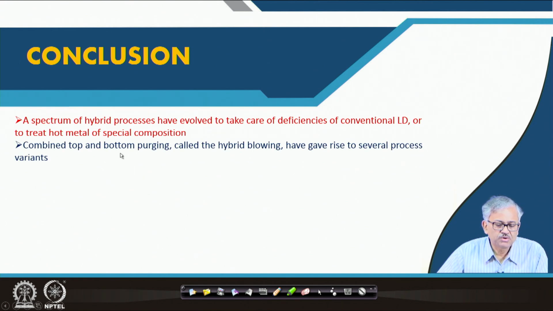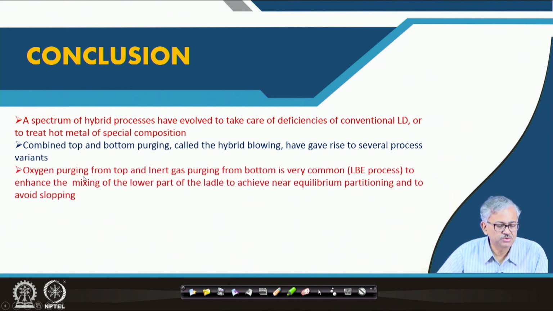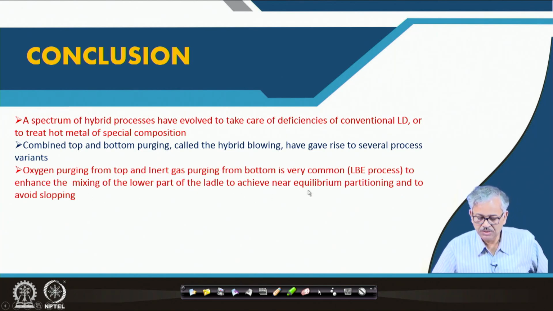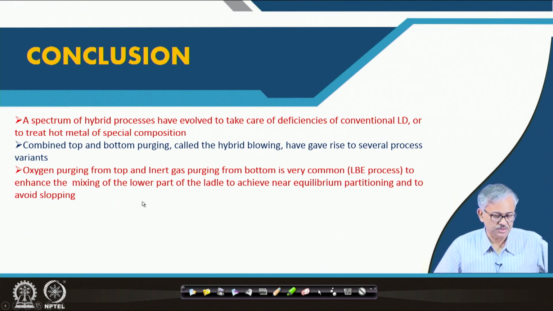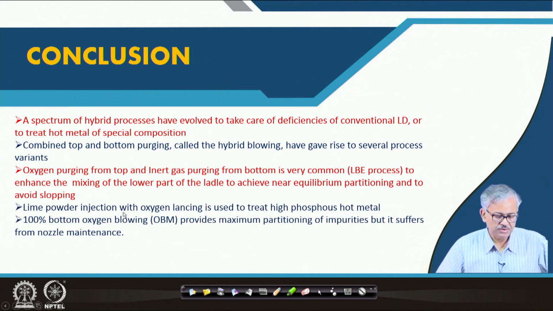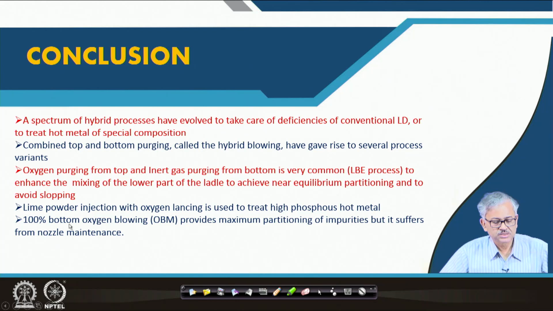Combined top and bottom purging, called hybrid blowing, has given rise to several process variants. Oxygen purging from the top and inert gas purging from the bottom is very common, called the LB process, to enhance mixing of the lower part of the vessel, achieve near equilibrium partitioning and avoid slopping. Lime powder injection with oxygen lancing is used to treat high phosphorus hot metal.